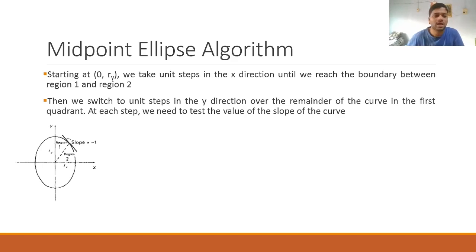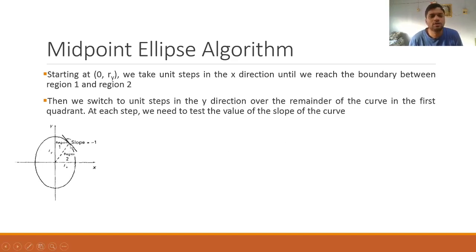Okay, so these are the two main conditions that we look after. We start from this condition, 0 comma ry, and we take unit steps. The moment we are in region 1, you will see that it is almost similar to the circle. We tend to increment the x coordinate on a regular basis, and we see whether the y coordinate can be decremented or not, till we reach the slope equal to -1 condition.